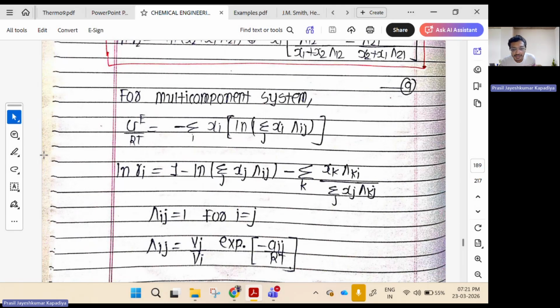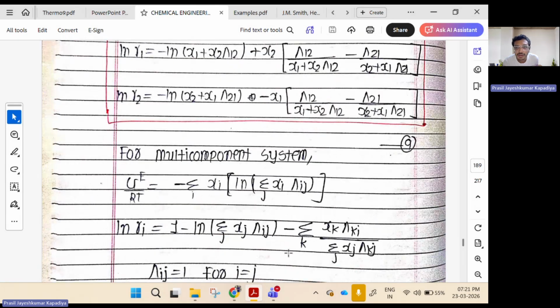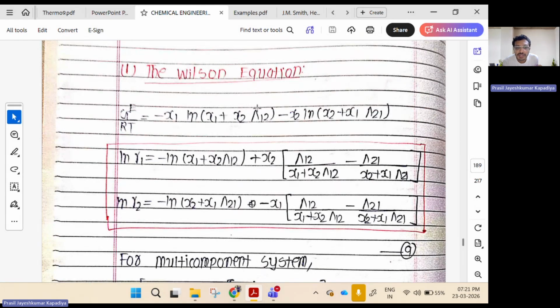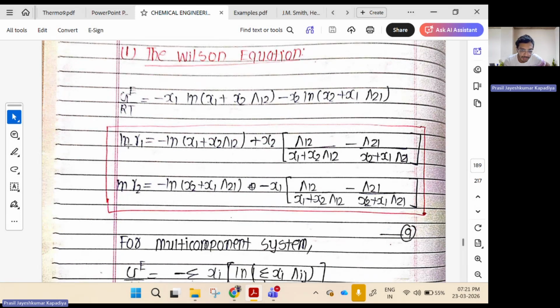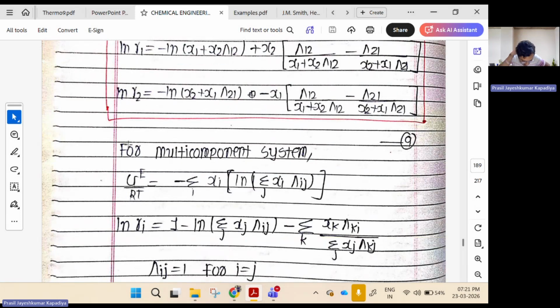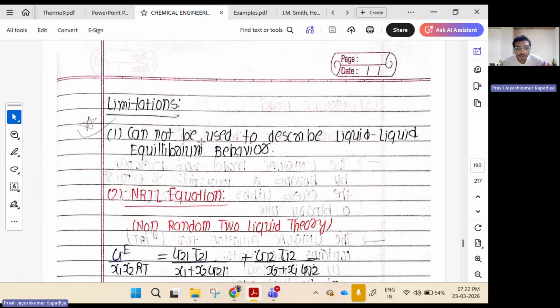If I change the temperature, for example in lambda 12 equal to V2 by V1 exponent minus A12 by RT, then lambda 12 and lambda 21 are going to change, and gamma 1 is also going to change. So gamma 1, gamma 2 are functions of temperature in the Wilson equation. It is not applicable to systems where ln gamma 1 exhibits minima or maxima, and it is unable to predict limited miscibilities.